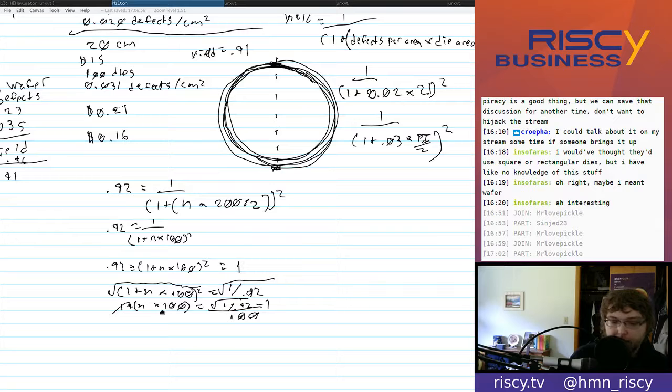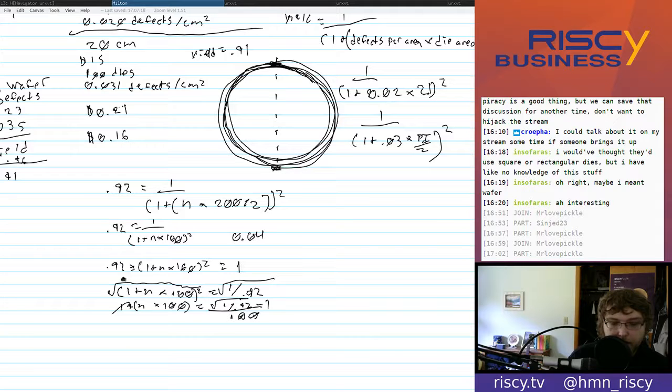So I calculate 0.04 defects per area in terms of centimeters, which is reasonable. That lines up with the values we were seeing before. So the next one is when it's equal to 0.95.